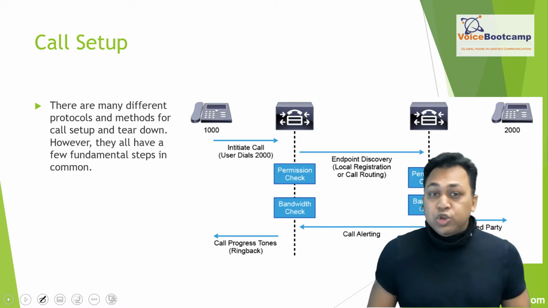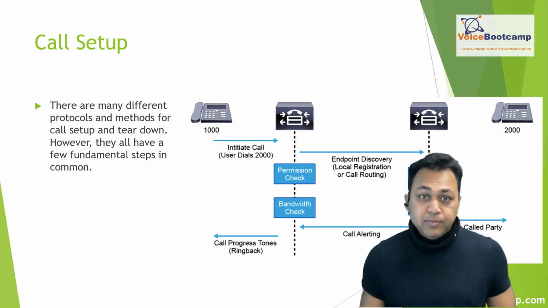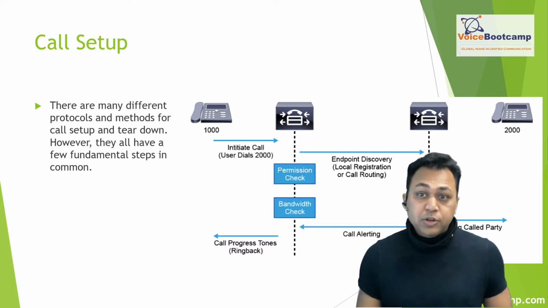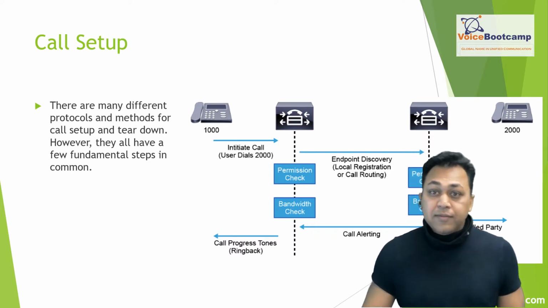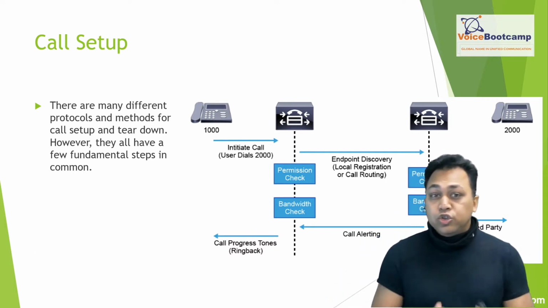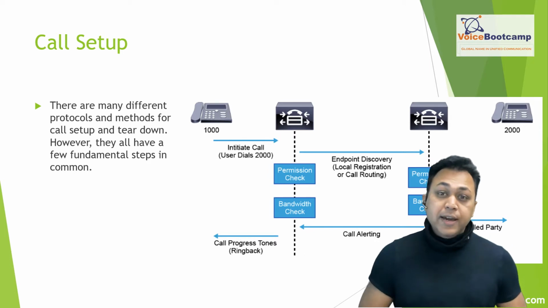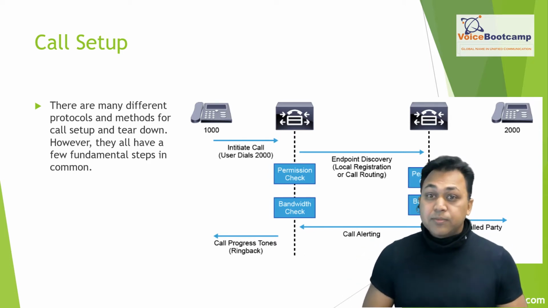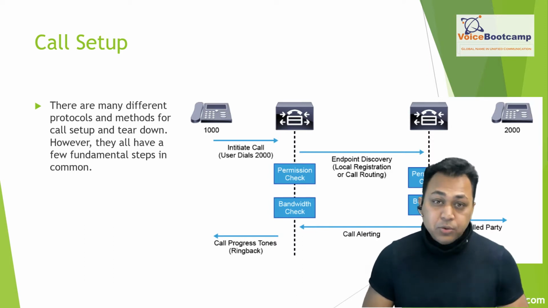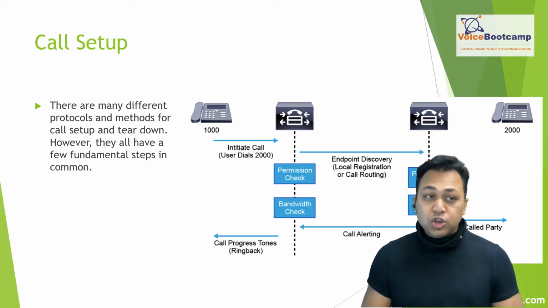Once the permission check is done, then comes the bandwidth check. Remember, we could use call admission control to restrict the bandwidth, or your network may not necessarily have enough bandwidth. So during the bandwidth check, the call control agent, in this case call manager, may check to determine if there is sufficient bandwidth on the network to even allow the call. The bandwidth check is better known as call admission control.